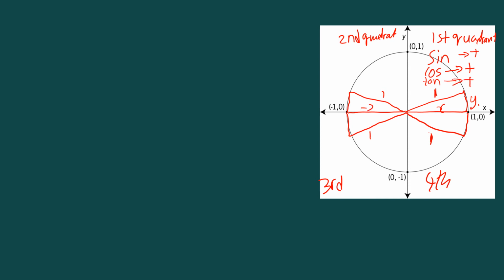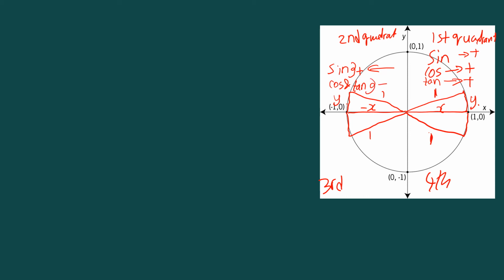In here it's negative x because it has gone to this side. So negative x, but y is still positive. So this means that sine is positive, but cos and tan are negative. Now, cos is negative because it's minus x, and tan is negative because positive divided by negative is negative.